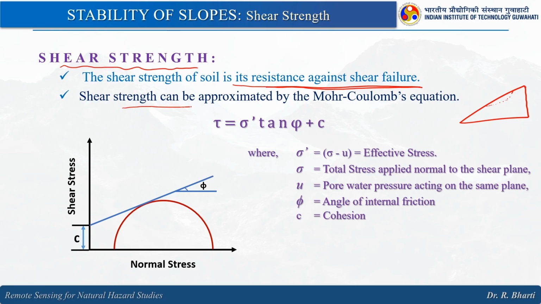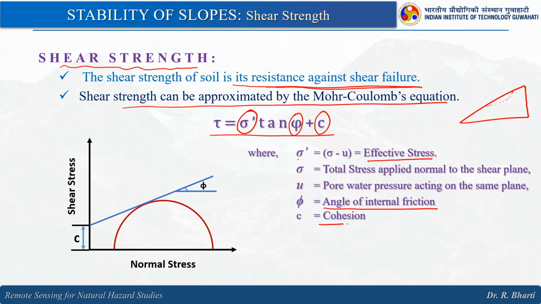Shear strength can be approximated by the equation which is here. Here tau is equal to the effective stress, then you have the angle of internal friction, tan of the angle of internal friction, then C is the cohesion.